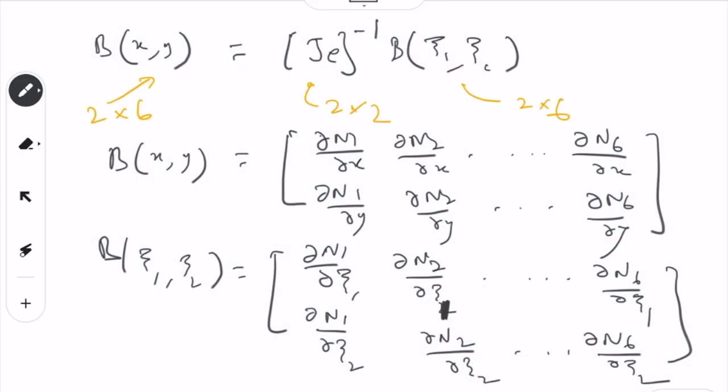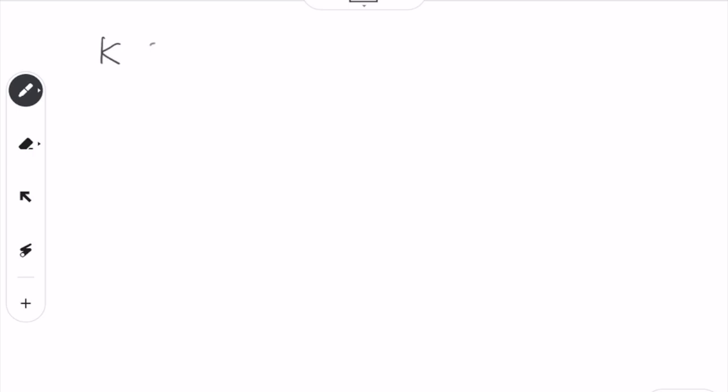Hence we can find K, as you know, is equal to the integral of B transpose B d omega.